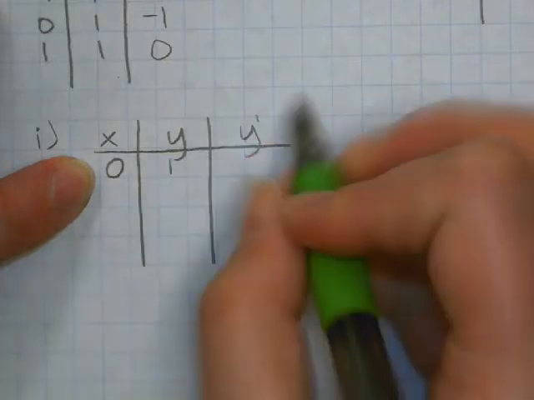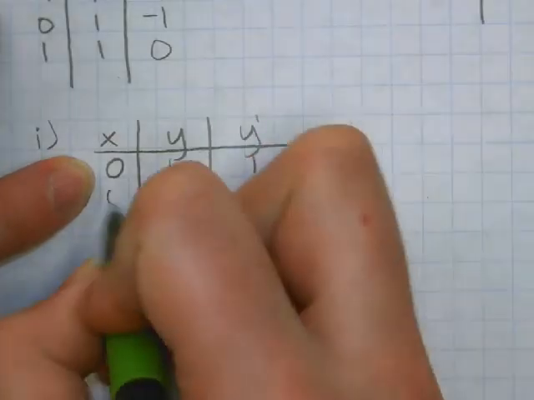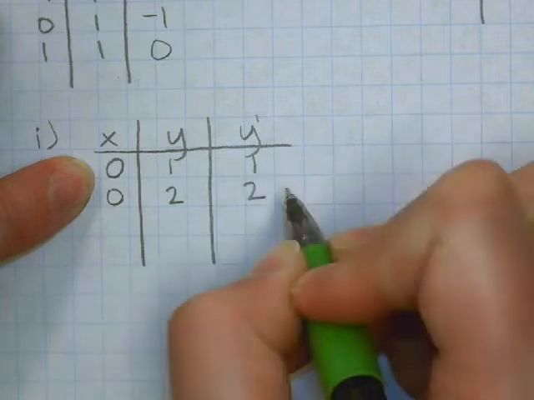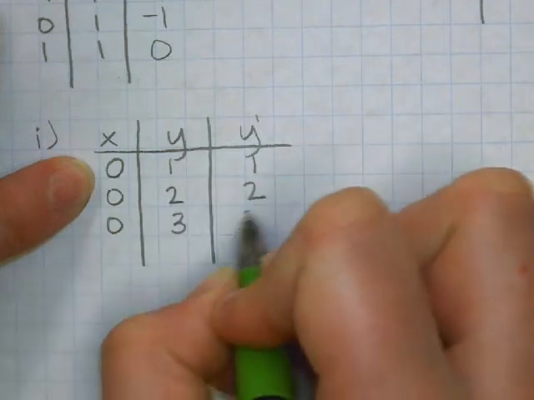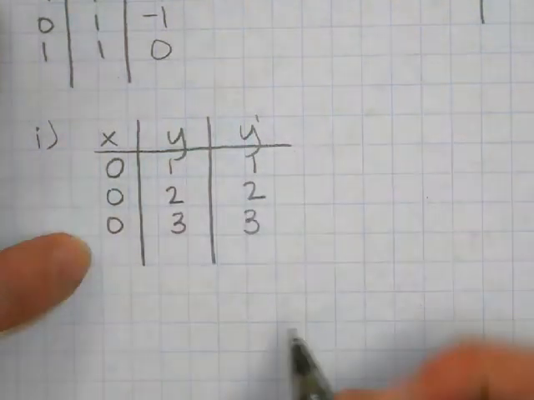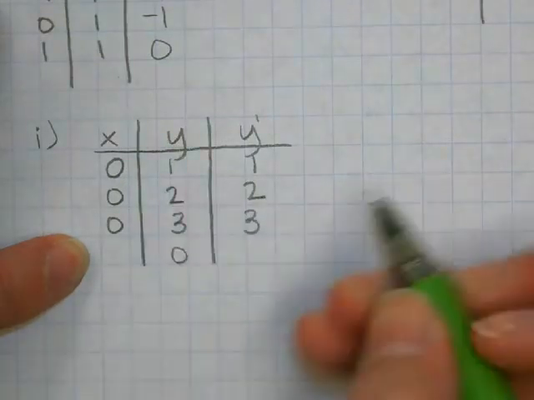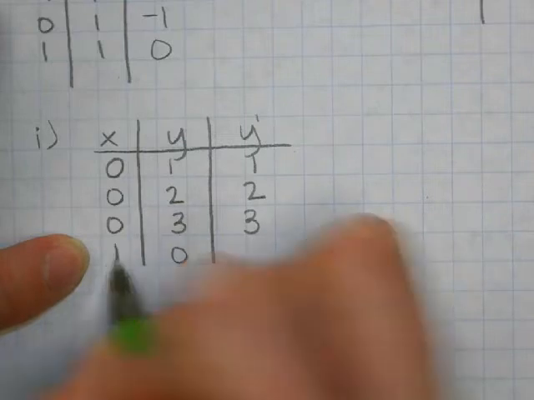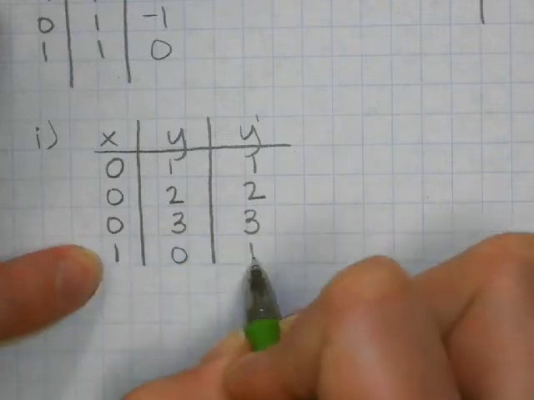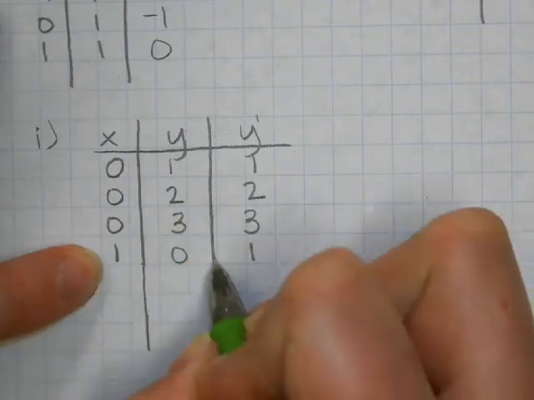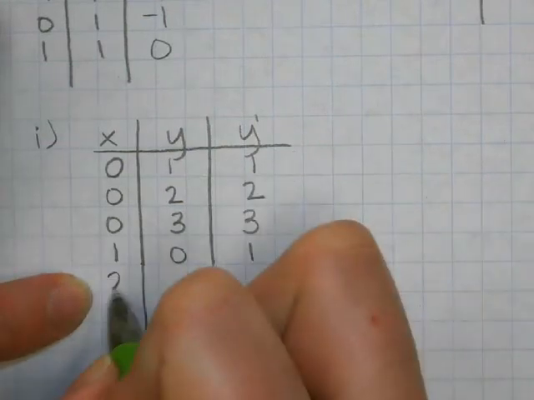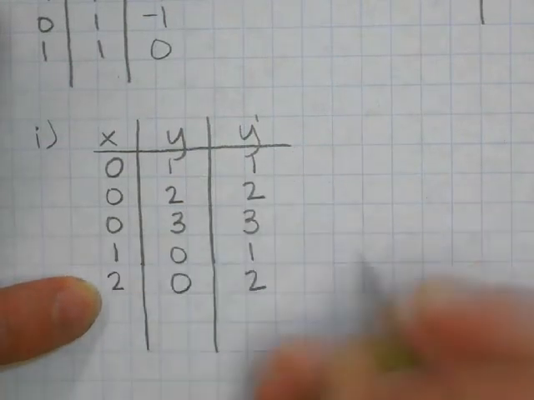So if I have the point 0,1, my slope would be 1. If I have the point 0,2, my slope would be 2. If I have the point 0,3, my slope would be 3. If the y coordinate is 0, the same thing would happen. So if my x value is 1, my slope is 1. If my x value is 2 and my y value is 0, my slope is 2.